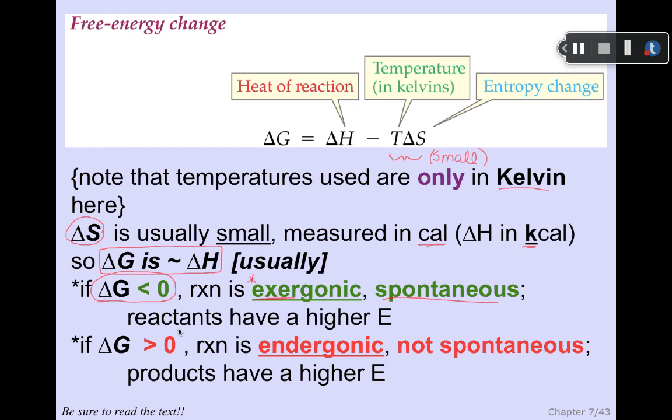If the opposite is true, if delta G is greater than 0, now we're talking about a reaction that's endergonic, which is analogous to delta H being greater than 0 for endothermic reactions, and these are the ones which are not spontaneous. So if you can find a delta G value, you'll know whether something is spontaneous or not.